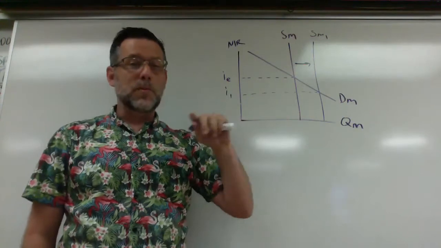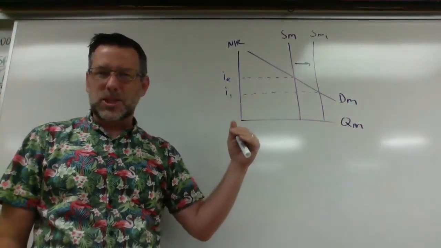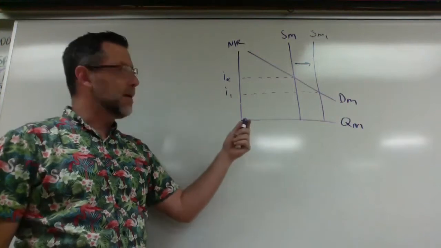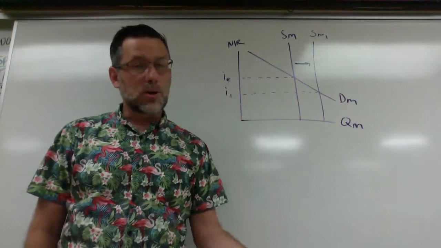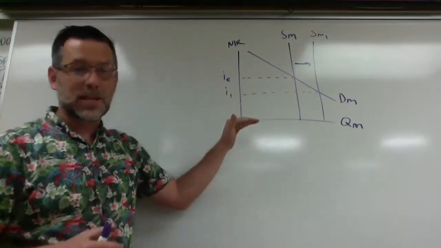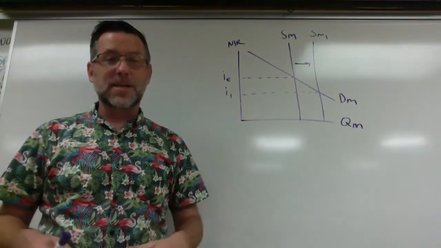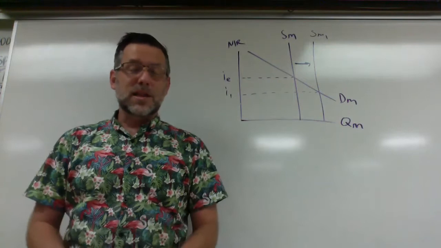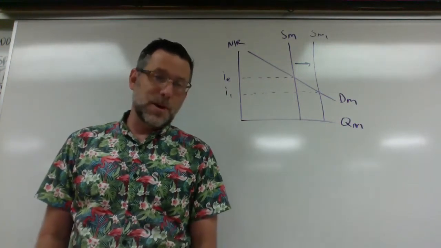Now for a home loan, because it's over 30 years, it's probably not going to change a whole lot compared to the change we see here. Whereas a more short-term loan, like a car loan, which is only for 5 years, is going to change more quickly. So different loans have different effects. The Fed looks at the federal funds rate to see what the effect of their change to the money supply is.